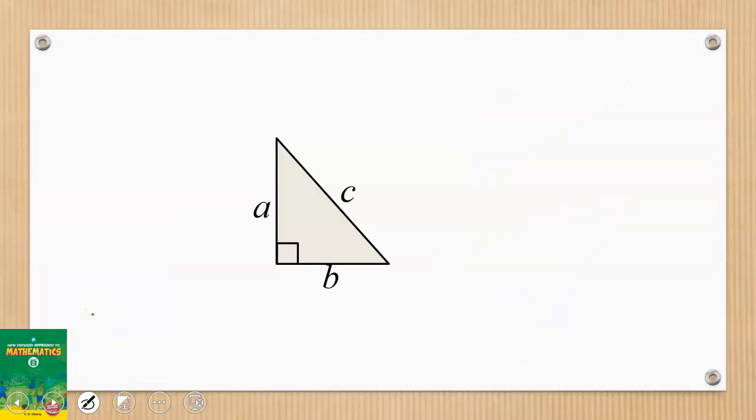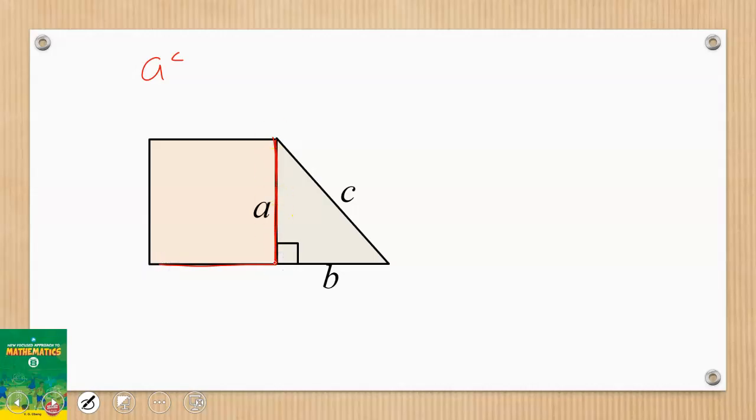Now what we are saying is that according to this man, if you pick any right-angled triangle and you pick the square of one side, for example the side a, you take a squared, or you can create a square of the length of side a.